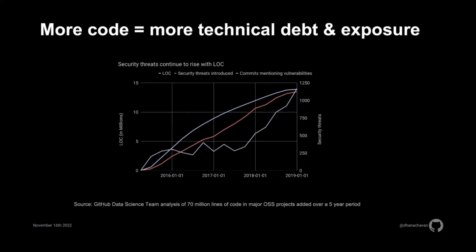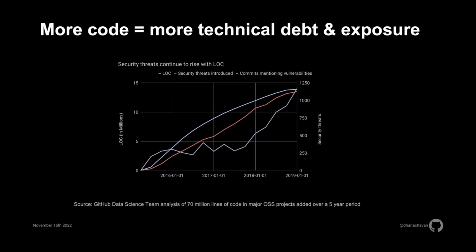Now, let's take a look at this graph. At GitHub, what we did was we analyzed around 70 million lines of major open source software projects. So if you look at this graph, you'll see as the number of lines of code increases, the commits mentioning vulnerabilities increase as well, which is the purple line that you can see. And this kind of makes sense, right?